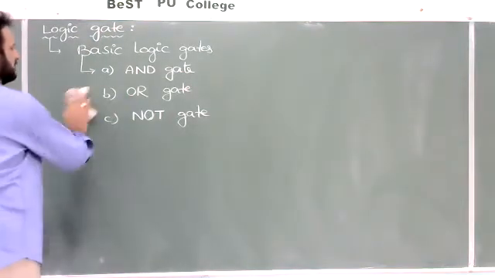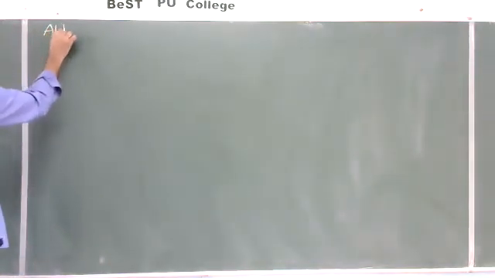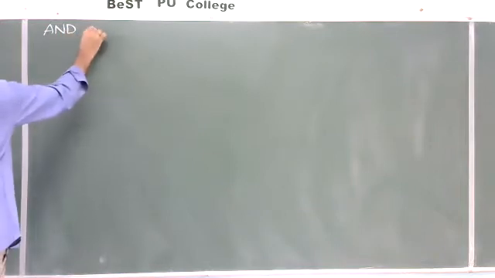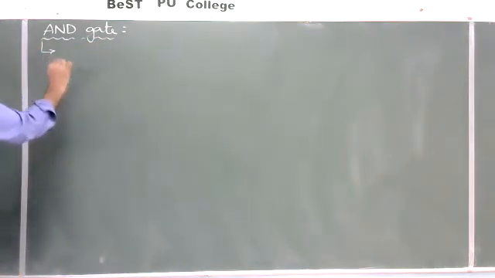AND logic gate will use. AND gate. Generally, AND gate performs what type of logical operation? Logical multiplication.